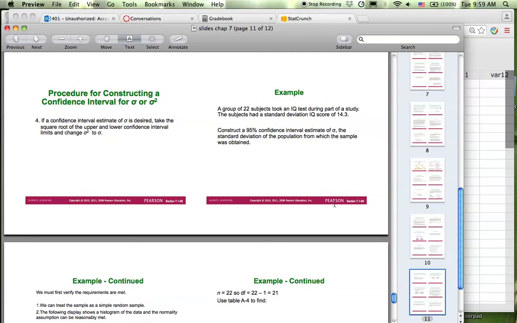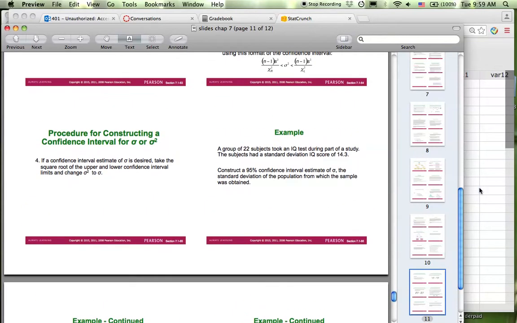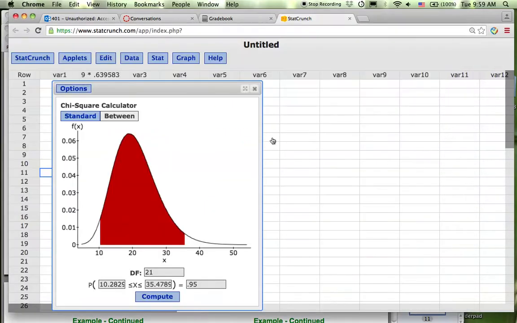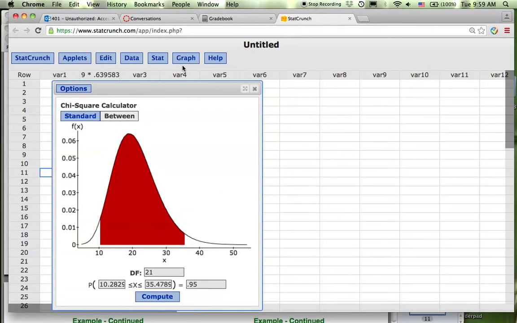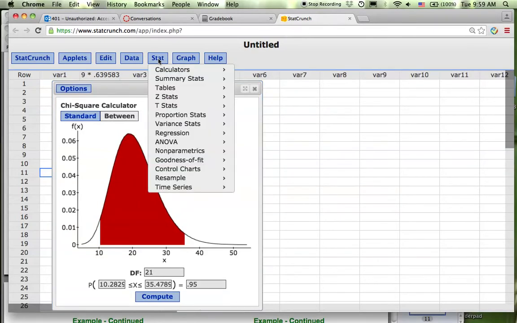For this one, we go to Stat, Variance Stats.